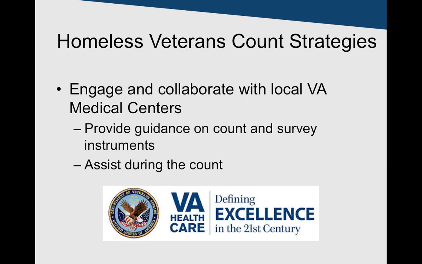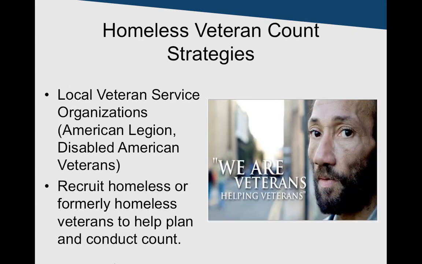So VA staff can offer technical guidance to improve data accuracy. And they can also help with assisting during the count. Veteran homeless coordinators and outreach workers can form special teams to canvass encampments and other remote areas that might not have been included in previous counts. Their relationships with the veterans could also help homeless veterans feel more comfortable in providing information during the count.